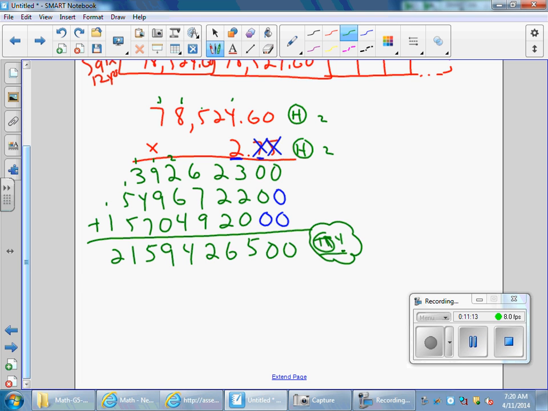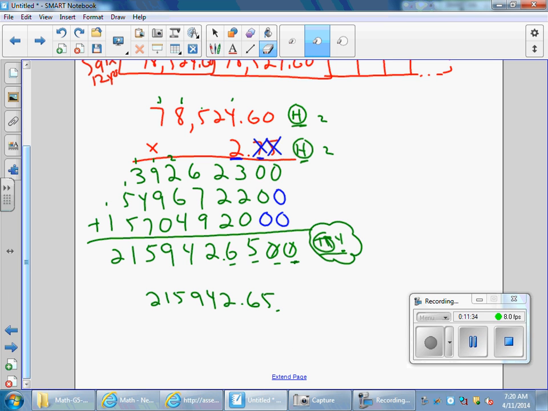Now here, remember, hundredths times hundredths gives me an answer that should be in the 10,000s place. So we should have 215,942.65. We don't need those extra zeros because there's no thousandths and no 10,000ths.